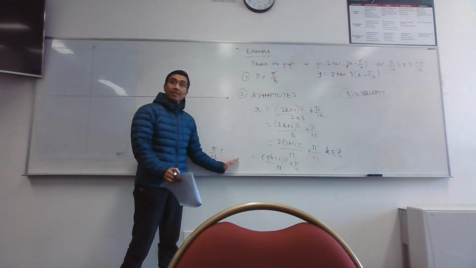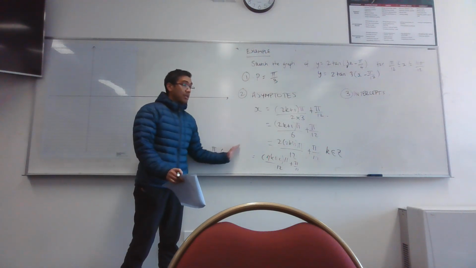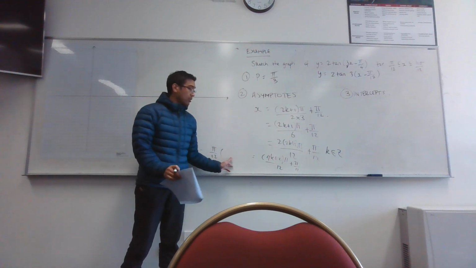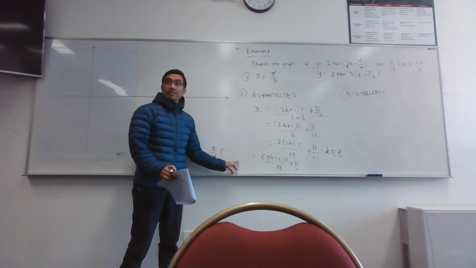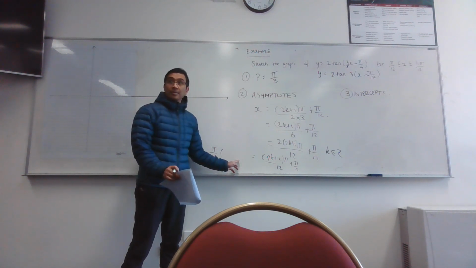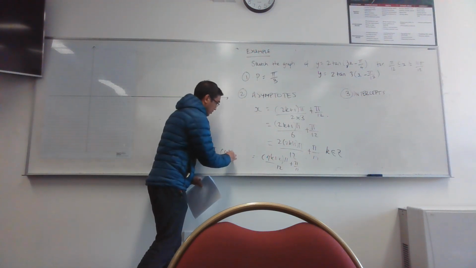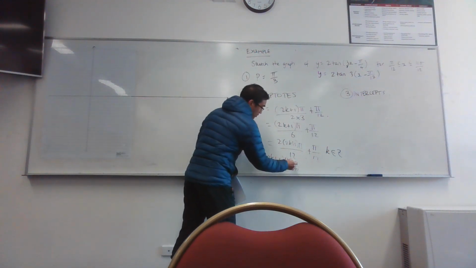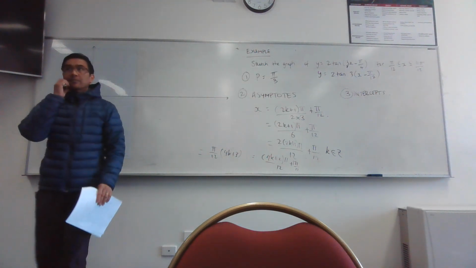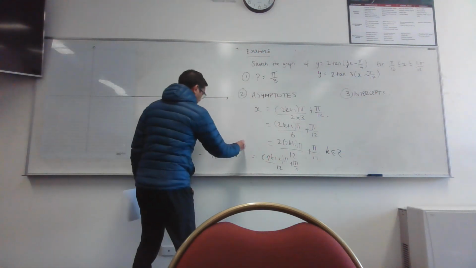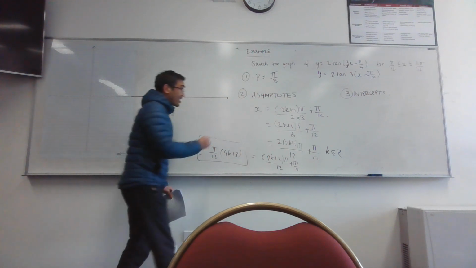What needs to come into here to make it the same as that? Nathan, any ideas? 4k plus? Good, 3. Because there is a 1 over here. So this is what helps you count.